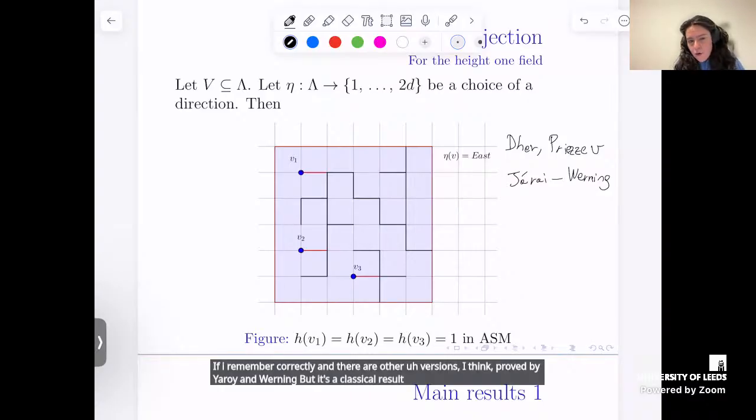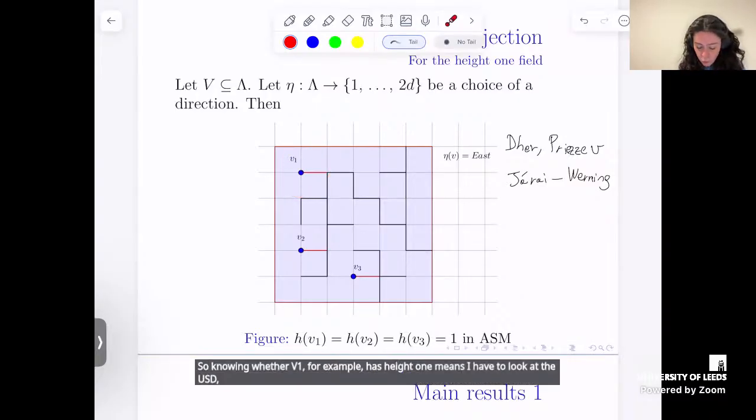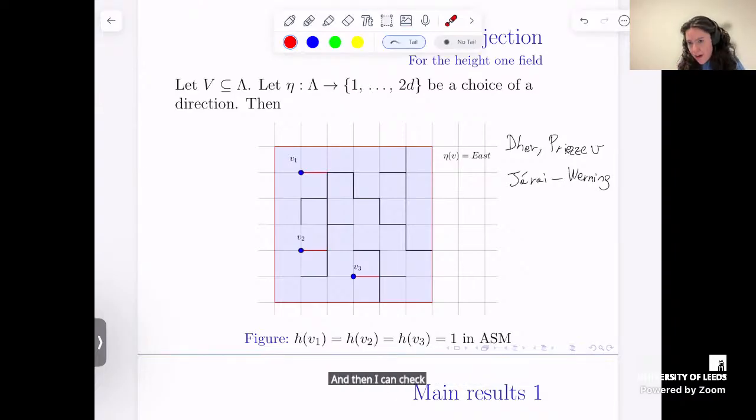It also highlights the fact that height 1 is easier, in inverted commas, because it's a local event for the UST. Knowing whether V1, for example, has height 1 means I have to look at the UST and what it does in the edges which are incident to V in Z^d. Then I can check immediately whether V1 has height 1 or not, that is, has degree 1 or not in the UST, and is entering through my prescribed direction.